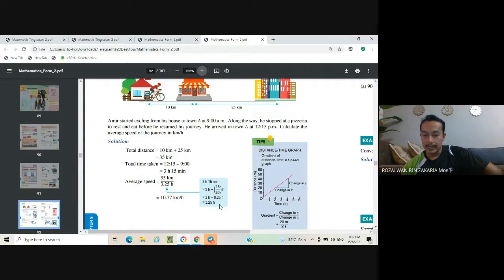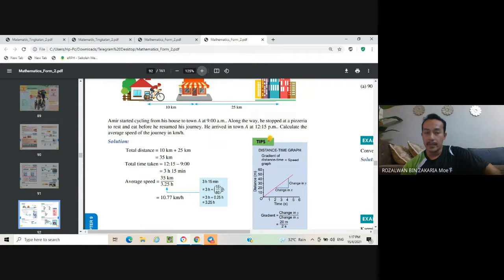Okay, so you can see here, 3 hours 50 minutes equals 3 hours plus, in bracket, 50 divided by 60, then the unit already changed to hours because we want to change the unit minutes to hours. Then equals 3 hours plus 0.25 hour, then equals 3.25 hours.